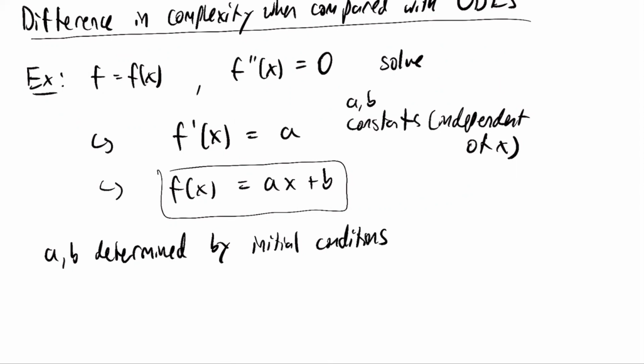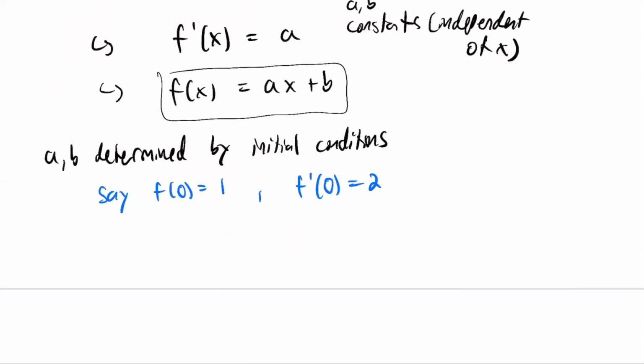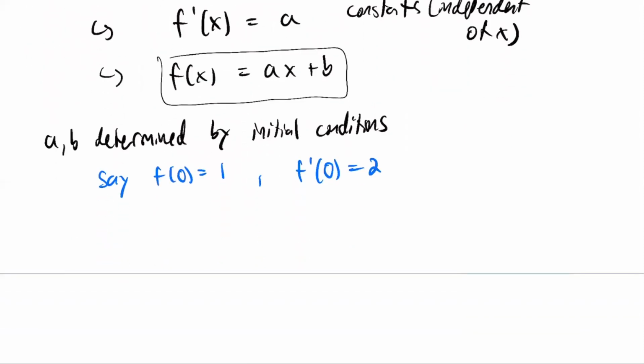For example, let's suppose that we happen to know that when x is equal to 0, f is equal to 1, and also that when x is equal to 0, the first derivative is equal to 2. We can use this information to actually find an explicit function which solves this equation with these given conditions, and in particular determines a and b.